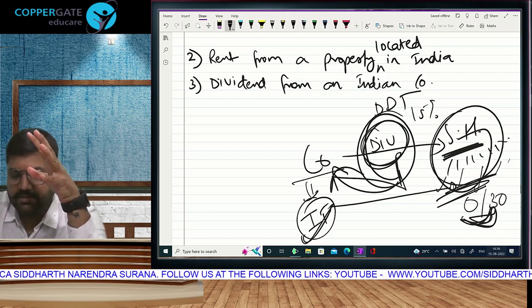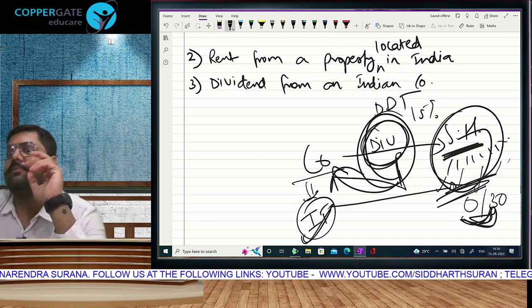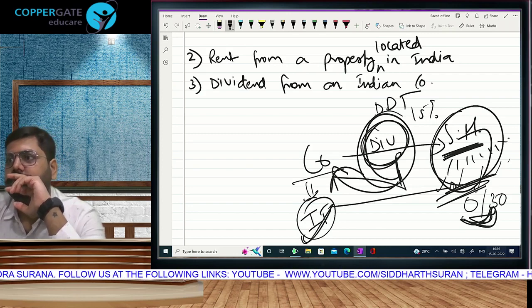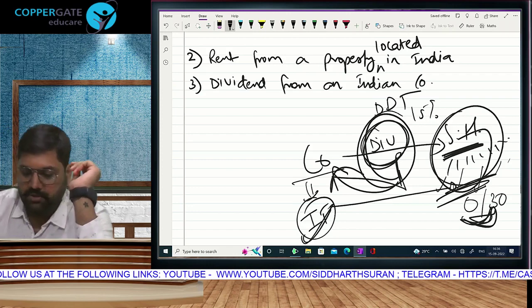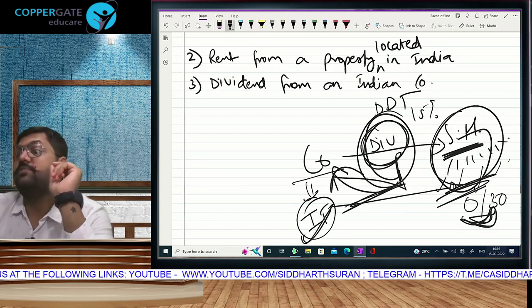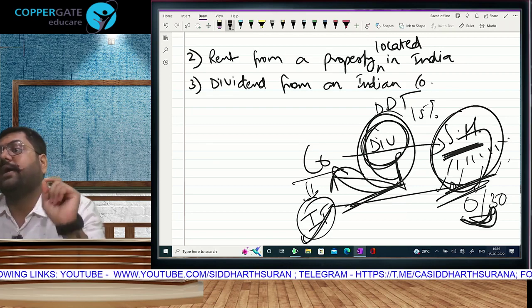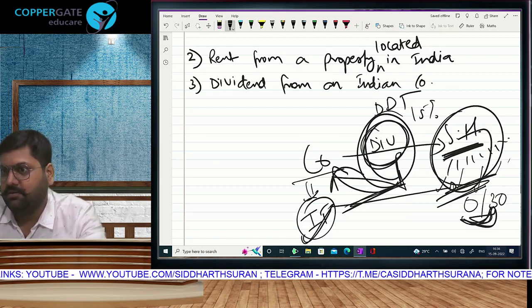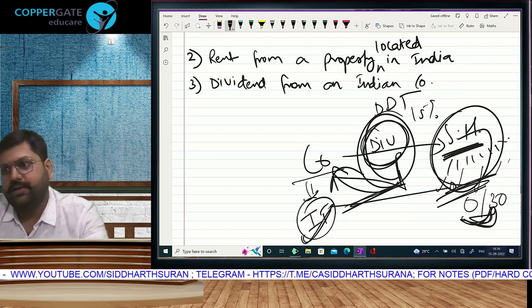That means dividend from Indian companies was not taxable for anyone. And why was it not taxable for anyone? Because the company was already being made to pay tax. It was a specific provision in income tax: shareholders will not pay tax on dividend, in the chapter on exempt income, because the company has already paid tax.